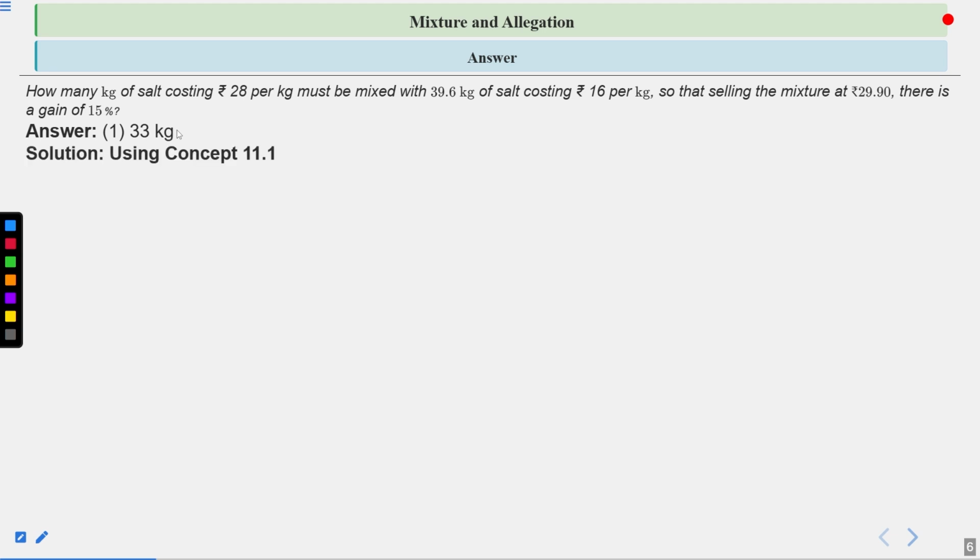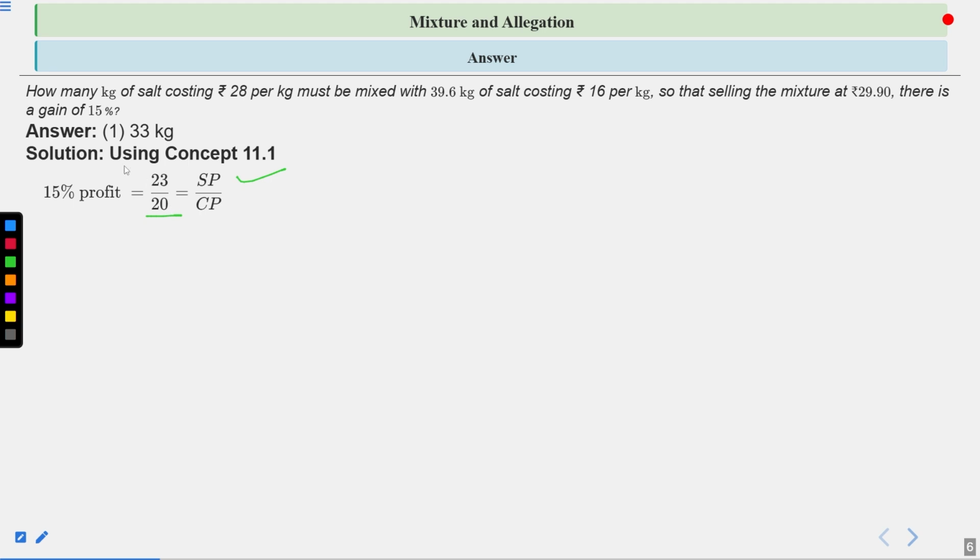Now see the detailed solution of this question using concept 11.1. The 15% profit, if we write it in the form of a fraction, we can write as 23 upon 20. 20 represents cost price and 23 represents selling price, because 3 units is profit out of 20. Selling price is profit plus cost price, so 23 units is selling price and 20 units is cost price.